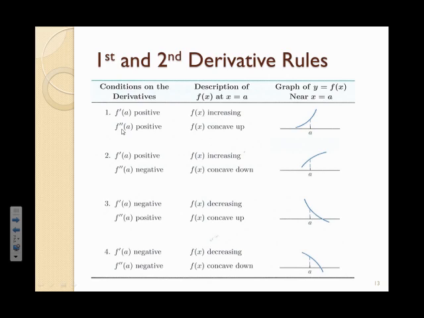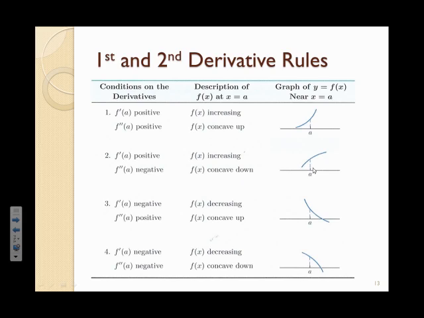If the second derivative is positive, then it's concave up. So if it's increasing and also concave up, we get this kind of shape. If the second derivative is negative, it's concave down, and we get this shape. It's still increasing, but concave down.